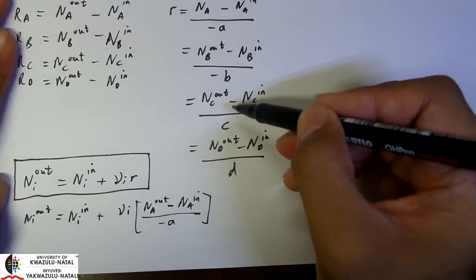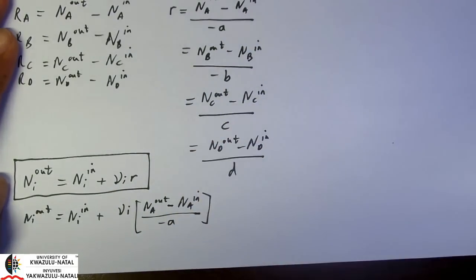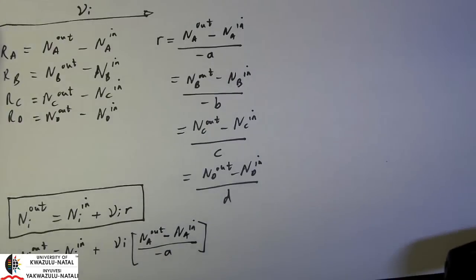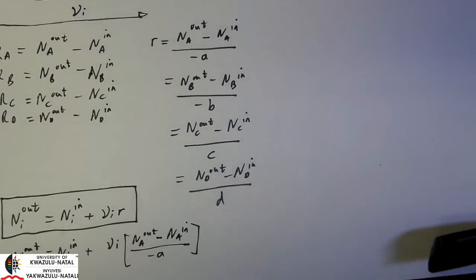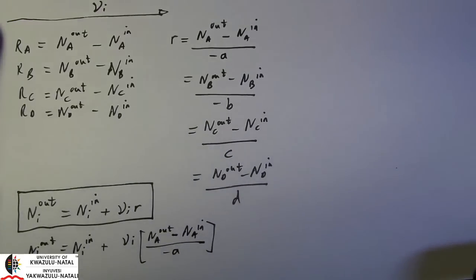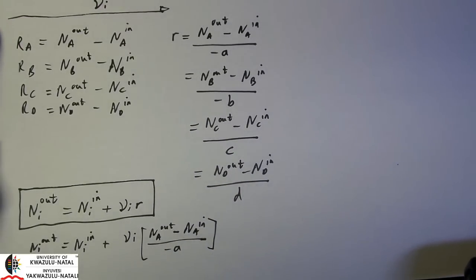If we had information for C or D, we could do the same thing. So there are many different ways in which we can obtain R, and it's very important that you are well aware of them so that you can solve the material balance.